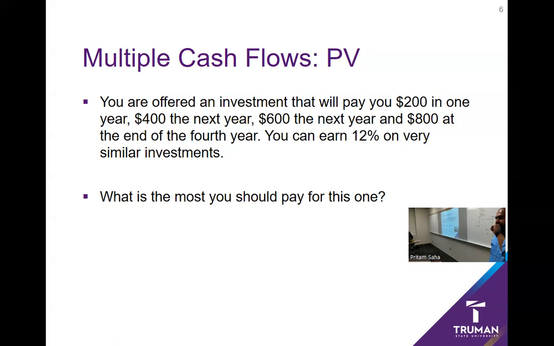Done. How much did you get? And which methodology did you use? Formula, calculator, or what? Okay, so you found the present value of 4 different cash flows.